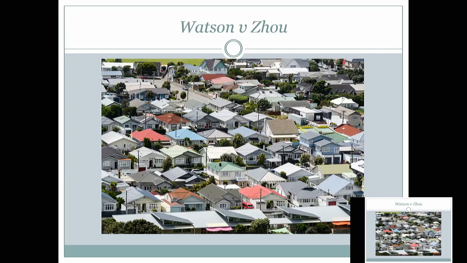And then since then we've seen the courts trying to narrow that ambit, and finally after Watson and Zhao we see quite a few hurdles being placed in the way of a party successfully arguing relief under the mistakes legislation.